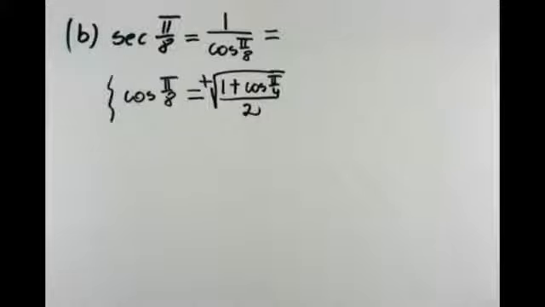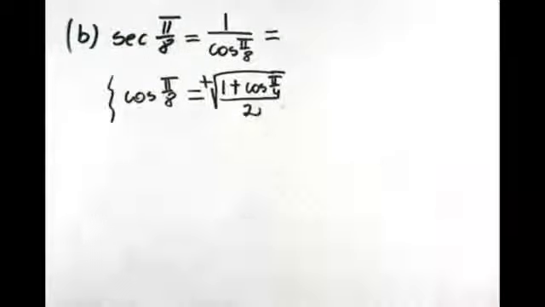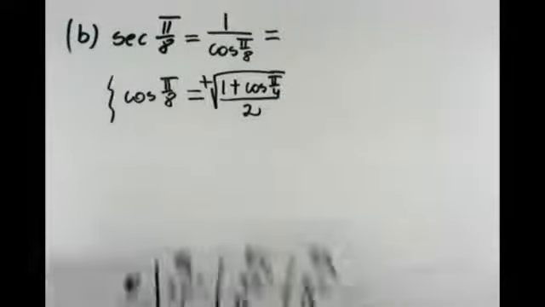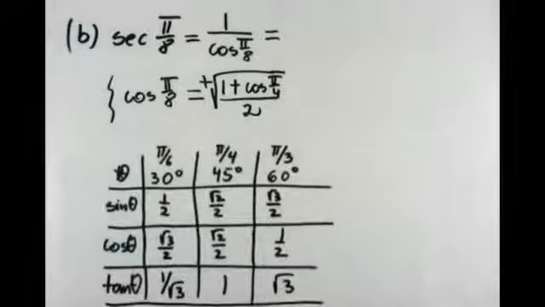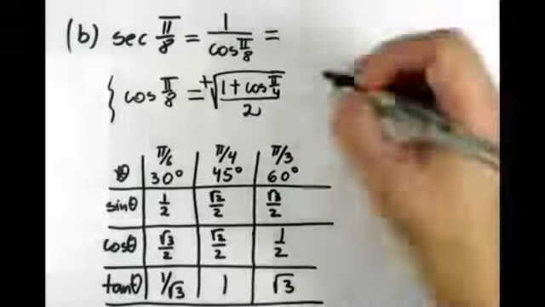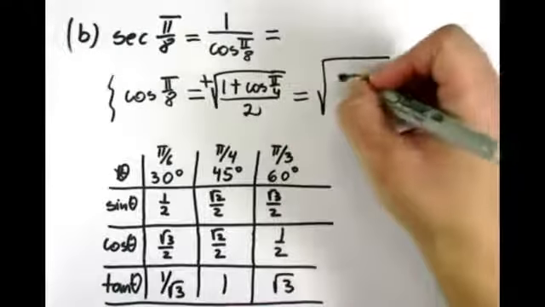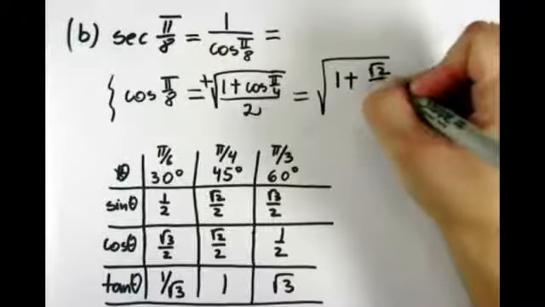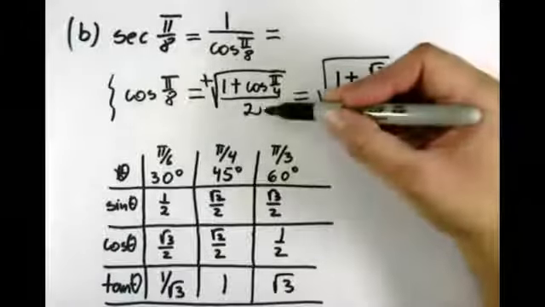Now we can solve it using 1 plus cos pi over 4. From the chart we know that cos pi over 4 is root 2 over 2. So this is equal to 1 plus root 2 over 2, and everything is all over 2.